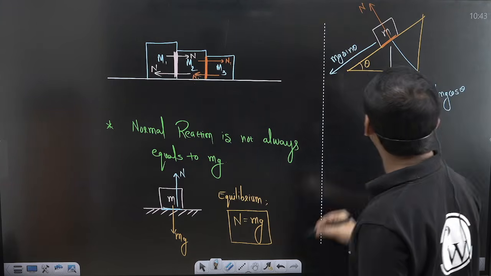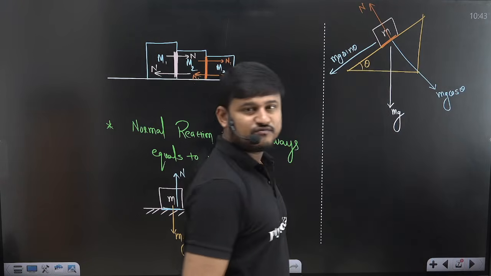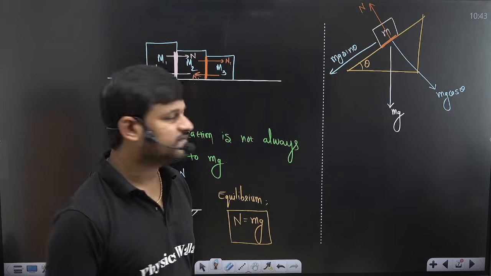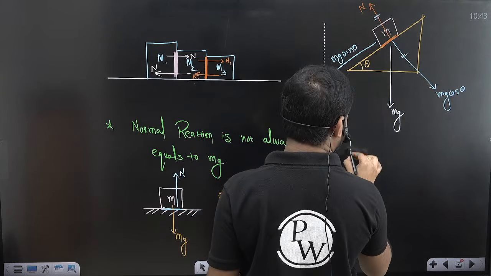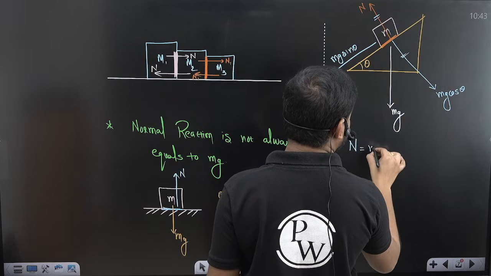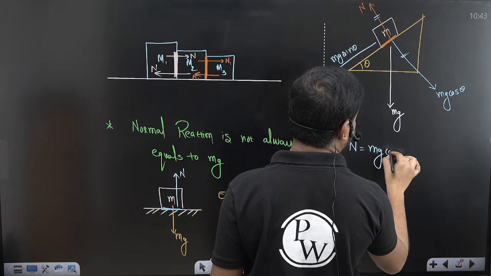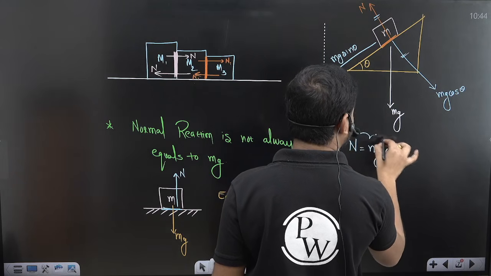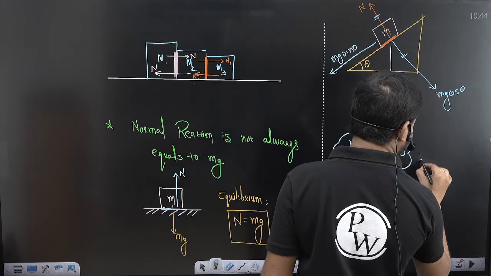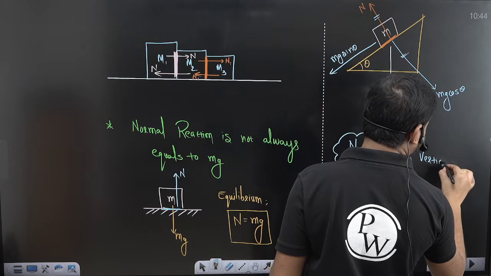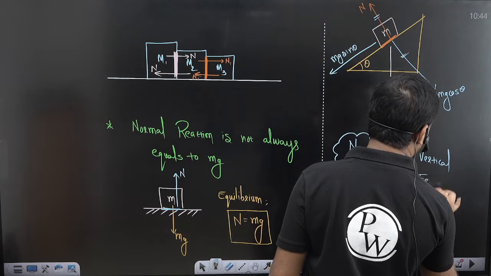Now if you observe, if the body is in vertical equilibrium, this force should be balanced by this one. In that case, the normal is equal to mg cos theta. So then the body is in vertical equilibrium.